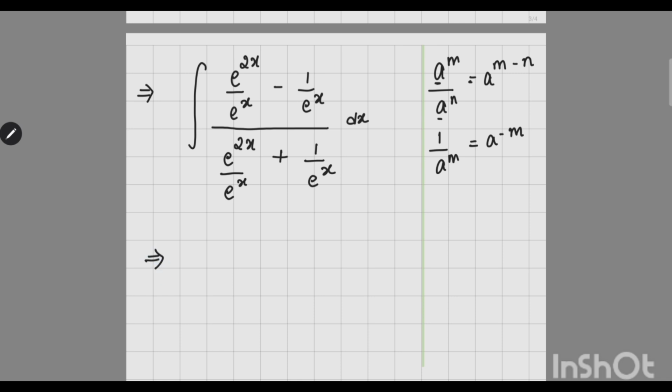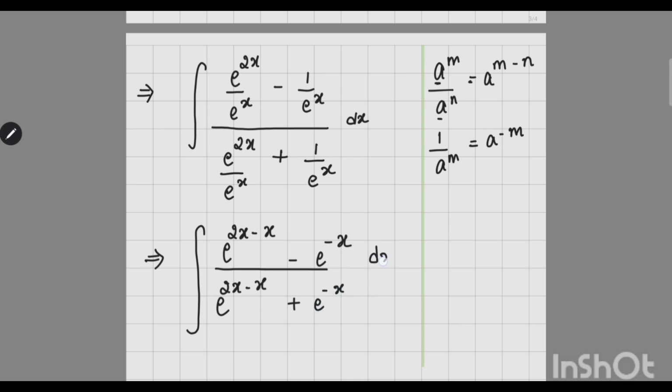Now this implies integral of e to the power 2x minus x, then minus e to the power minus x, divided by e to the power 2x minus x plus e to the power minus x dx.